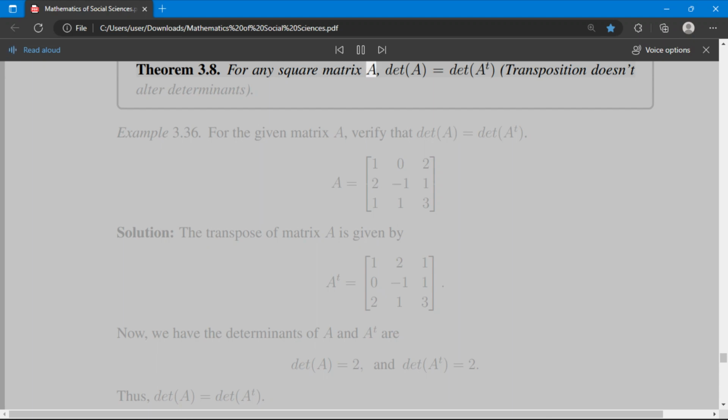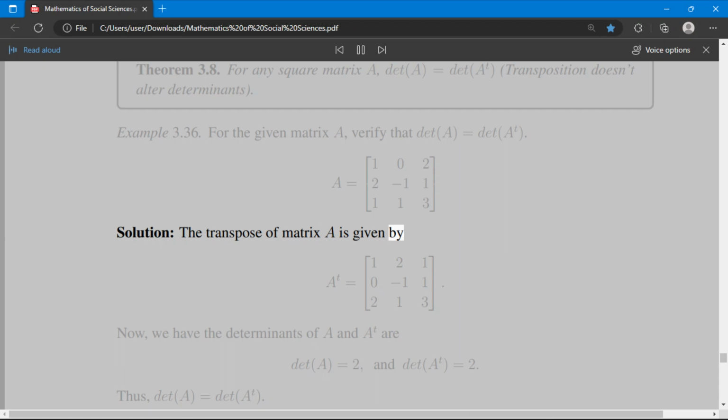Theorem 3.8. For any square matrix A, det A equals det A transpose. Transposition doesn't alter determinants. Example 3.36. For the given matrix A, verify that det A equals det A transpose.